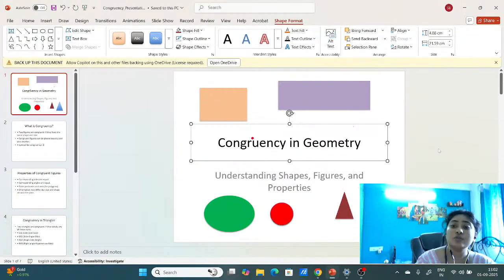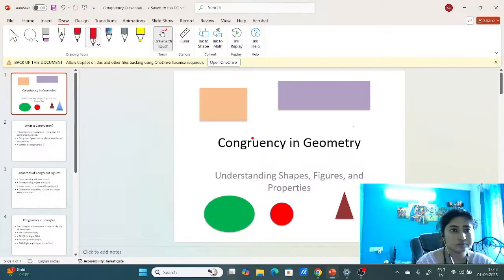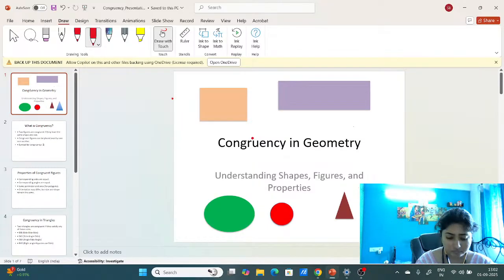So what you can see on my screen, I think you can see various shapes, right? If I ask you about these two figures, are they the same?